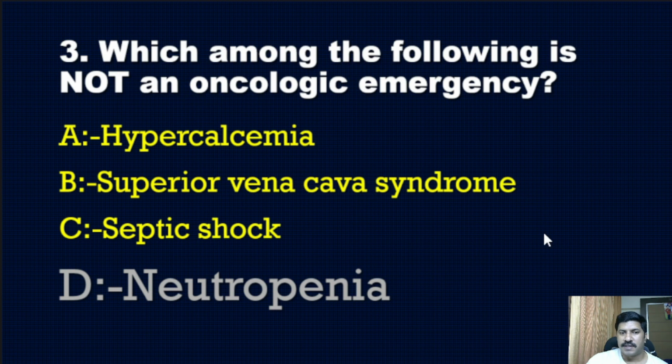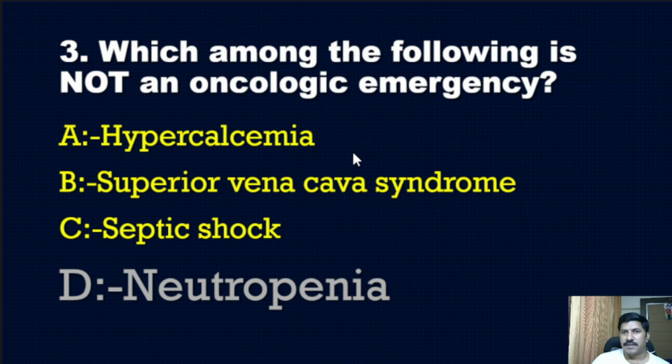Hypercalcemia occurs in chronic cancer patients because of demineralization of bones or sometimes overactivity of the parathyroid gland, which increases the production of parathormone. That increases the demineralization of the bones and raises the calcium level in the blood.